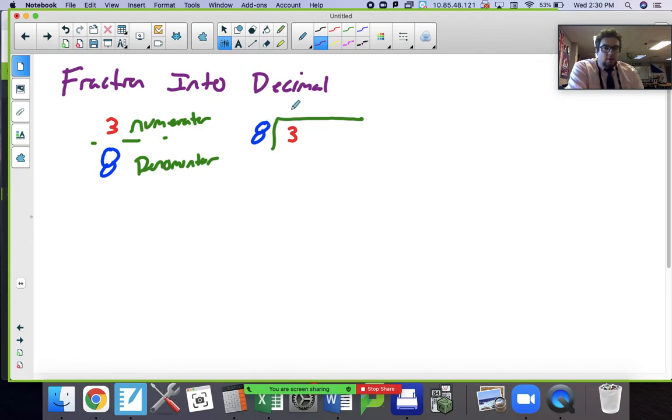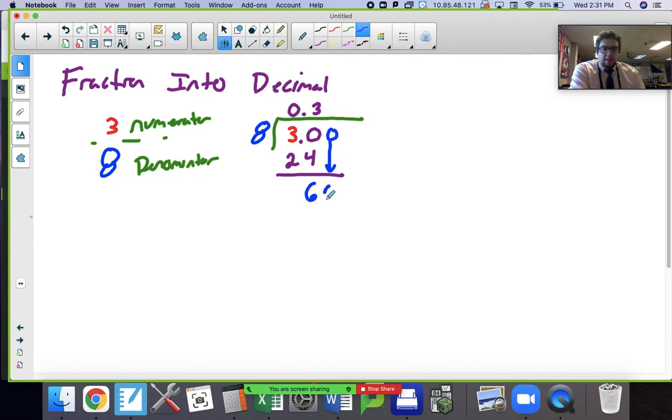8 does not go into 3. 0 times. We're going to add the decimal point that the 3 has right here. That way we can grab the 0 that's behind it. Once you've added the decimal point, you add it to the exact same location up above in the answer. So you've added it now, so you plug it in there. 8 goes into 30 3 whole times. 3 times 8 gives us 24. 30 minus 24 gives us 6.